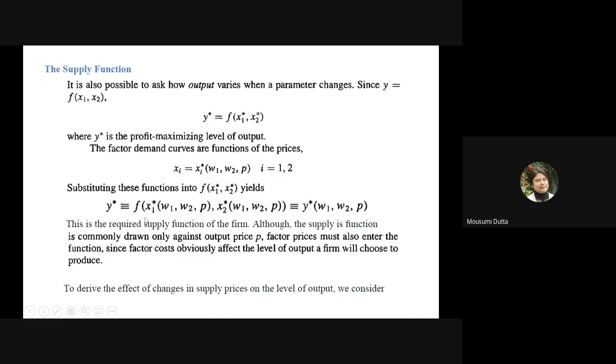So y star is equivalent to f of x1 star, x2 star. Now since both x1 star and x2 star are functions of W1, W2 and P, y star is a function of W1, W2 and P. This is the required supply function of the firm.